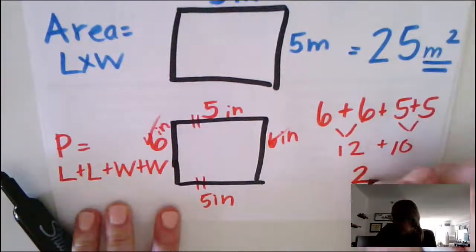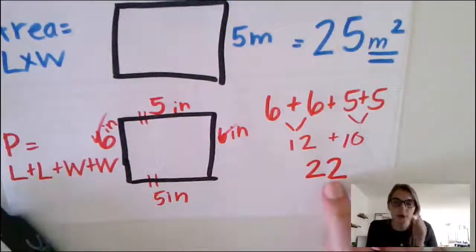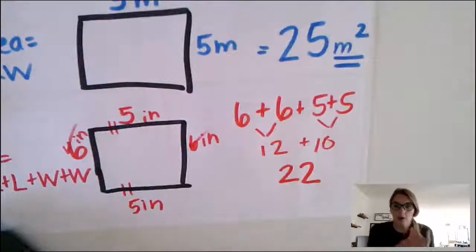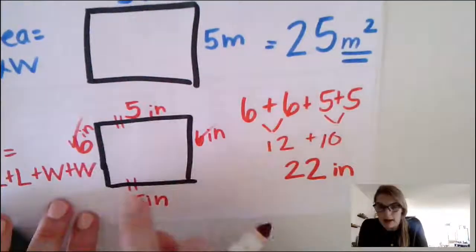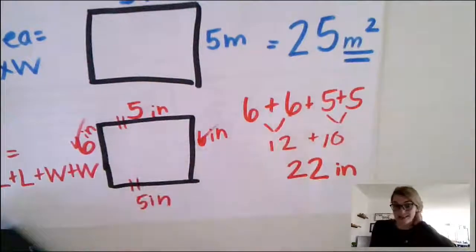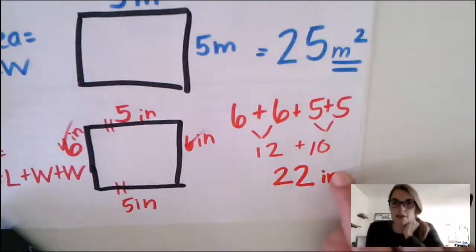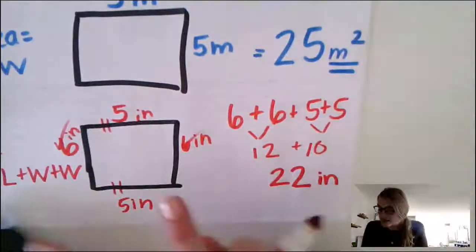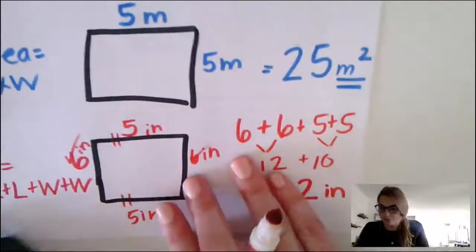So if we add them up, we would have 22 inches in this perimeter. I know it's 22 inches and not feet or meters or whatever unit because I used my diagram and the measurements to help me. Notice I'm not putting squared on this one because I'm not multiplying, so it isn't squared. I'm just adding them all together, so I'm going to leave this as inches.